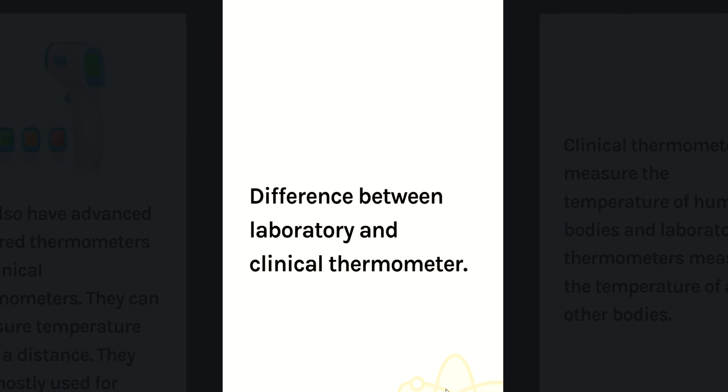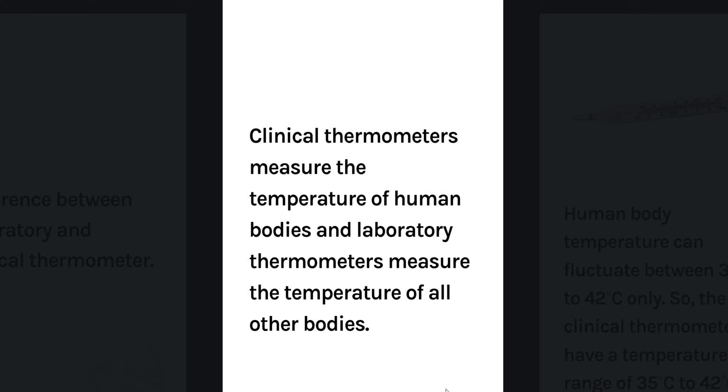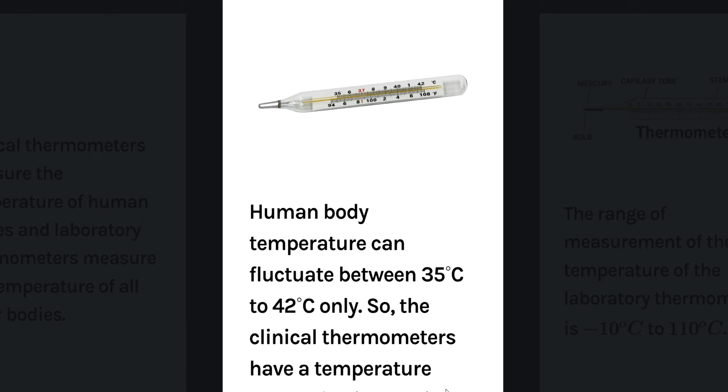There is a difference between laboratory and clinical thermometers according to their liquid, range and sensitivity. First, a clinical thermometer measures the temperature of human bodies, and laboratory thermometers measure the temperature of all other bodies. Human body temperature can fluctuate between 35 degrees Celsius and 42 degrees Celsius only.